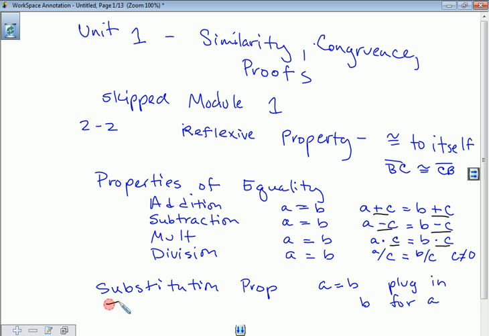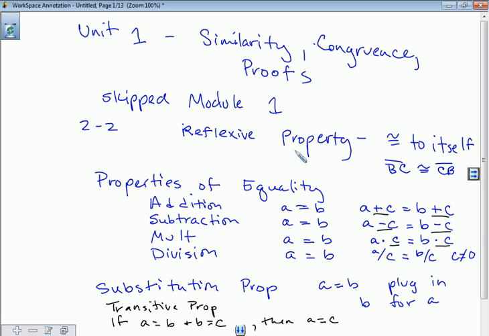The transitive property would be if A equals B and B equals C, then A equals C. I think we used that in one or two proofs, but not as regularly as other things.